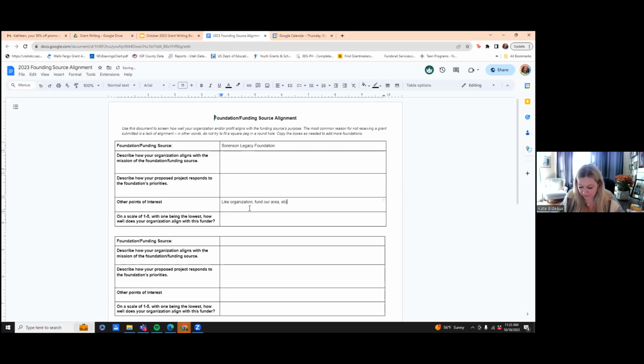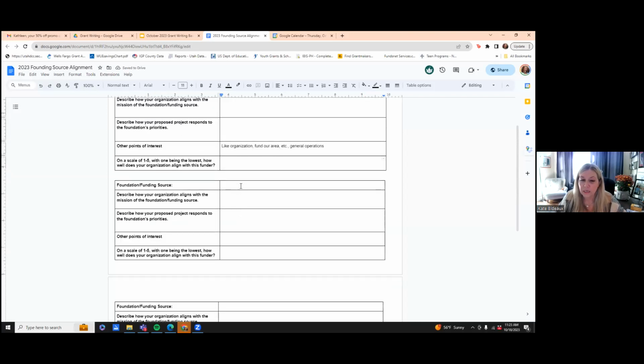Or maybe they fund just general ops, and a lot of people are always looking for general op money. So this is a worksheet that you can use, or just answer these questions, so that when you go and look for grants, you can make sure that you're spending your time on the grants that you are most likely to get.